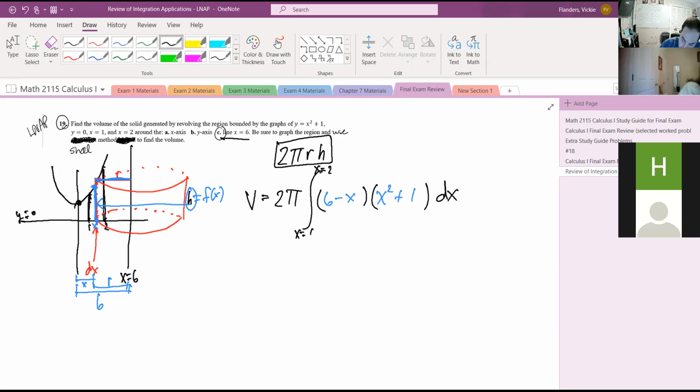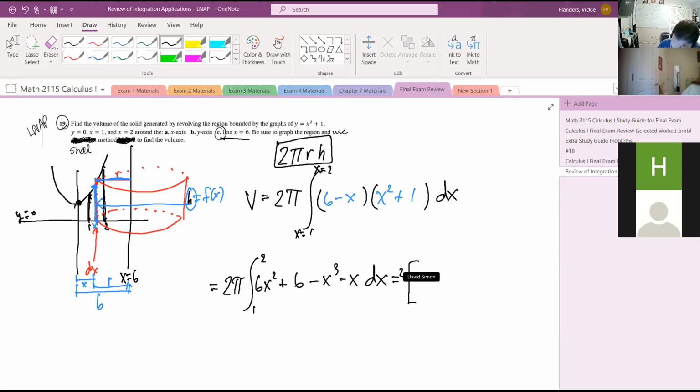Okay, so let's go ahead and work that integral. I have 2 pi integral from 1 to 2. And I'm just going to FOIL that out and do some power rules, right? That's going to be 6x squared plus 6, and then minus x cubed minus x dx. No like terms there, so I'll just go ahead and do all of my power rules here.